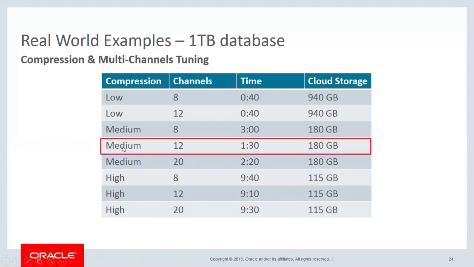So in this case, they settled on medium compression with 12 channels, an hour and a half. It's not the fastest option. 40 minutes would have been better if the backup window was all they were looking at. But they were fine with the backup taking an hour and a half, and this also reduced the space consumption in the cloud, which allowed them to have a lower bill.